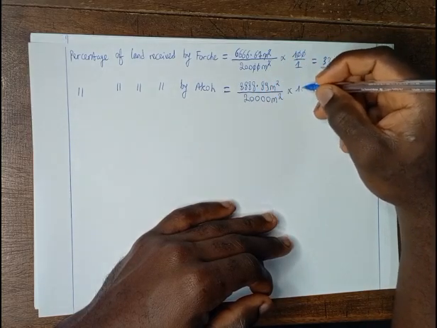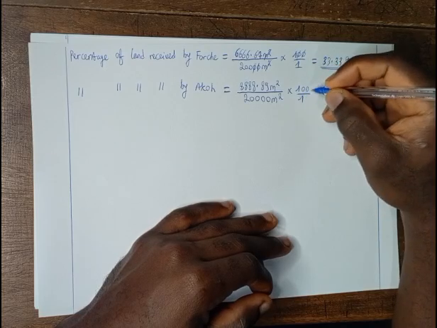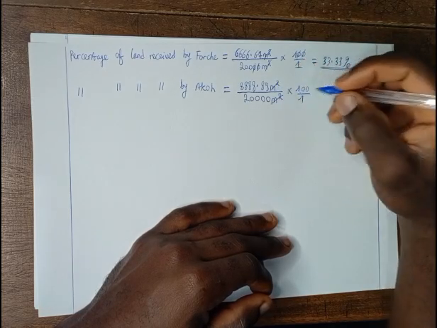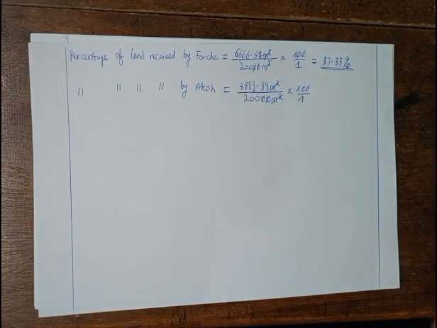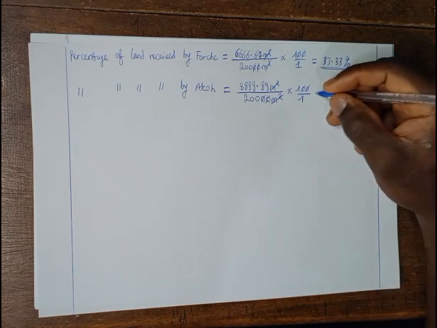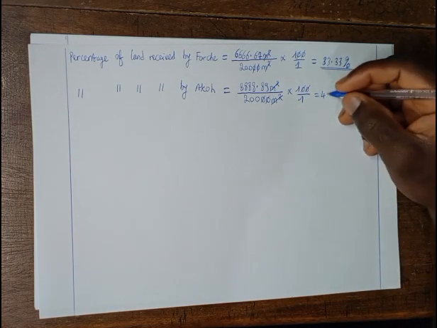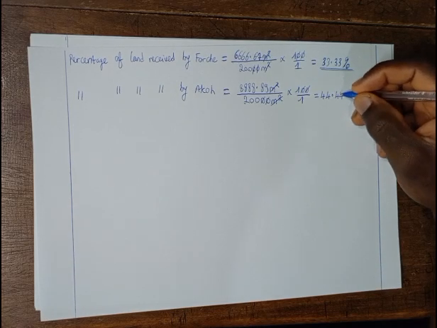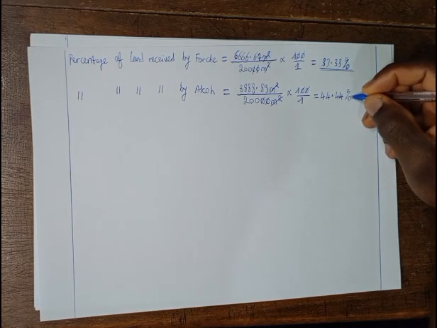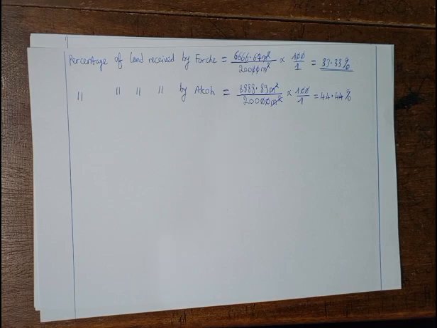Then we multiply by 100 over 1. Meter squared cancels meter squared. These zeros will go. We are simply going to divide 8,888.89 by 200, which is simply equal to 44.44 to two decimal places. Then we attach the percentage sign.